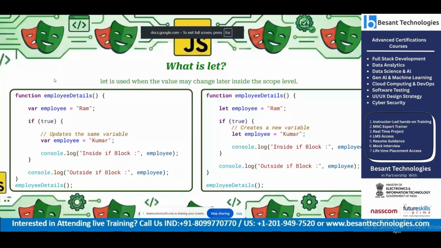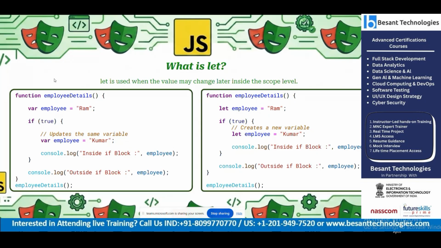As Shan told, let is the most often used, because let is block scoped. For example, as I told you in the start, if you declare a value at the start, hackers or small practices can change it in the middle to crack the system easily. But let will not work that way.